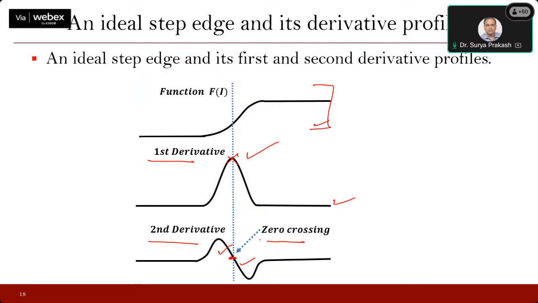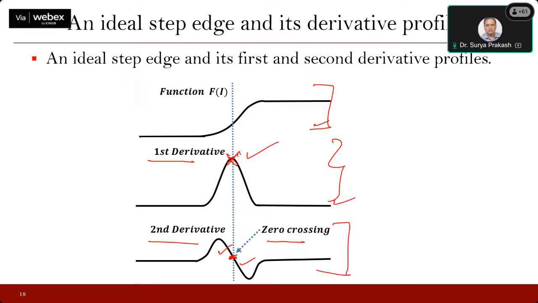So when we are computing the edges using the derivative, if we are using the first order derivative, then the location of the edge is the location of the peak that you have here. And in the case of a second order derivative based operator, the location of the edges is this particular point, which is called the zero crossing.